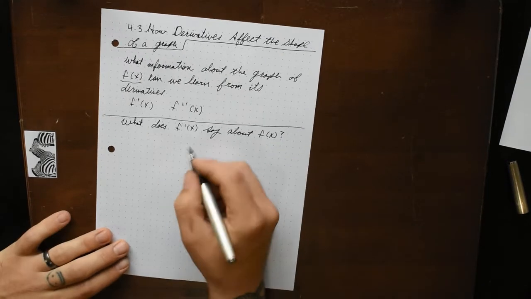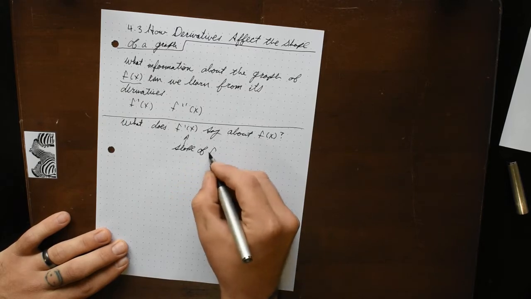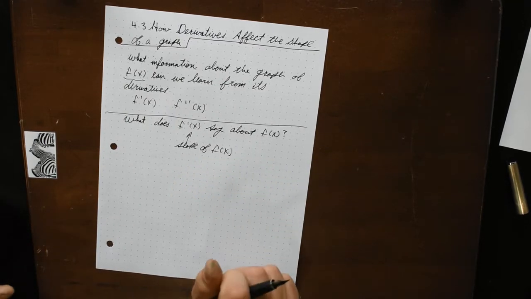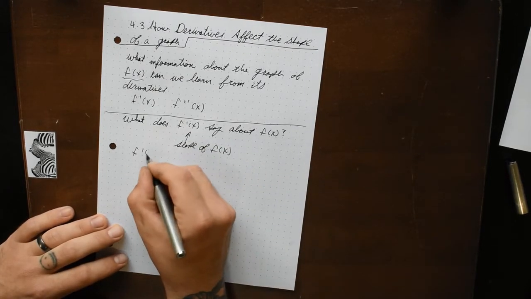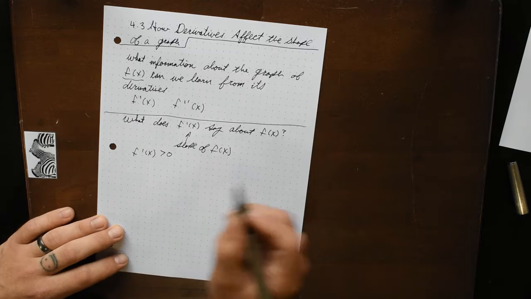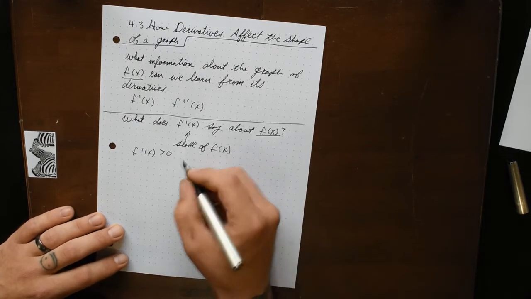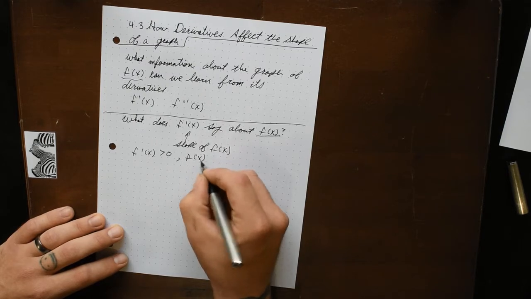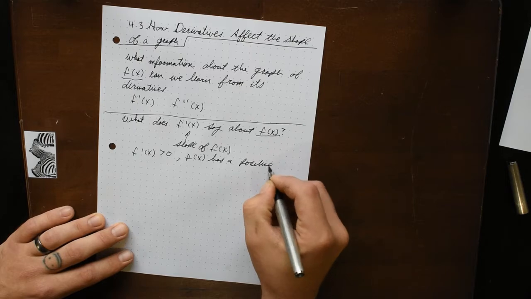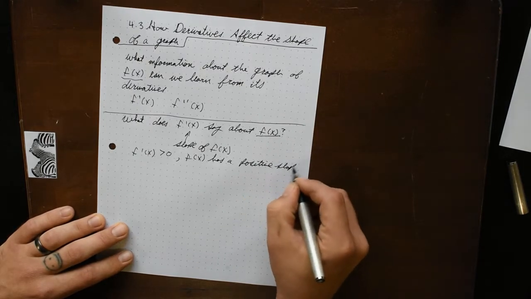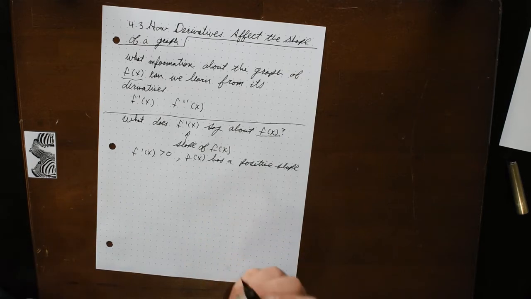Well, remember that f prime of x gives us the slope of f of x at some point. So what that says is, if f prime of x is greater than 0, this function has a positive slope.